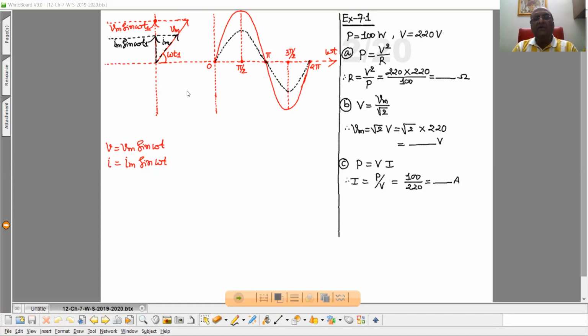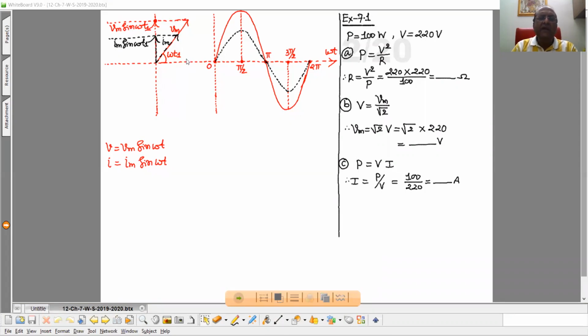To get voltage and current at time t1, very simply take the projection of these phasors on the y-axis. The projection of the current phasor on the y-axis gives Im sine omega t1, and the projection of the voltage phasor gives Vm sine omega t1.